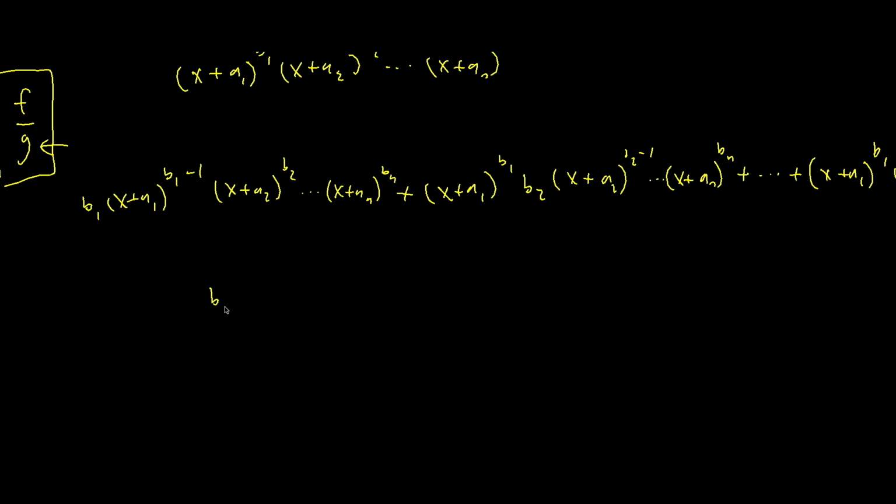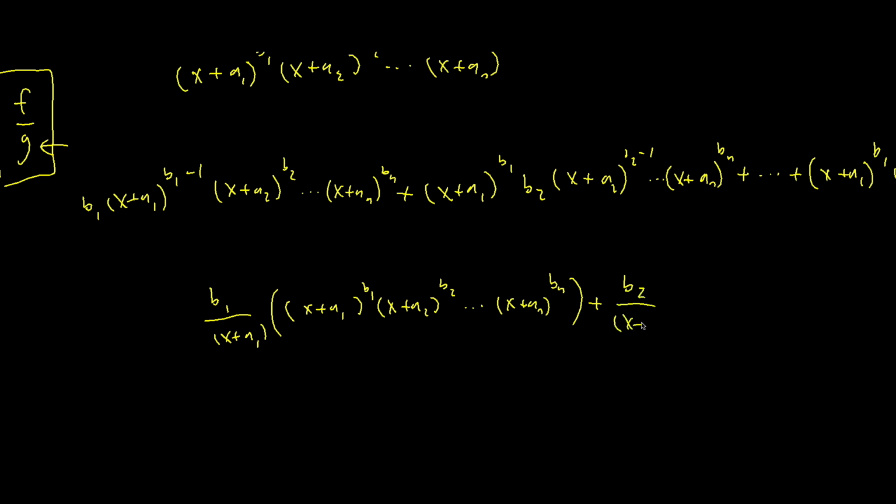So you get b1 over (x plus a1) times, for this first term, we get the (x plus a1) to the b1, and then for the second term we get b2 over (x plus a2), and then we actually get the same expression again, which is the same as the original.